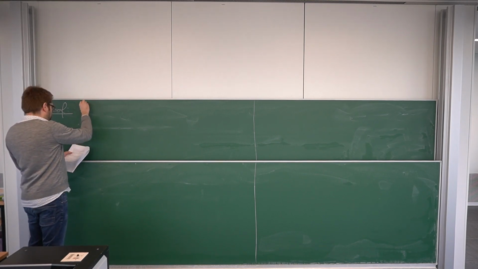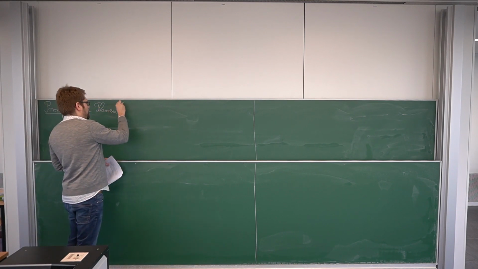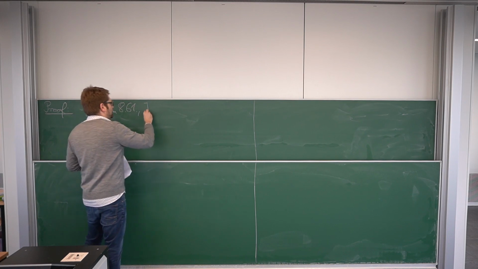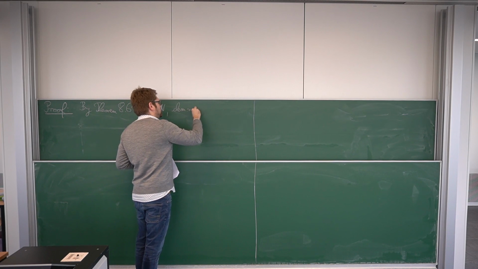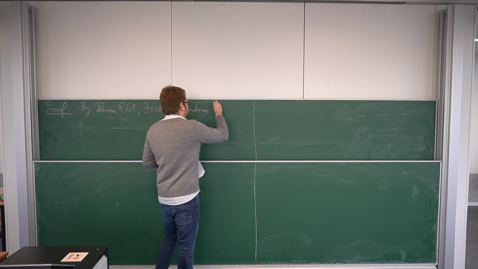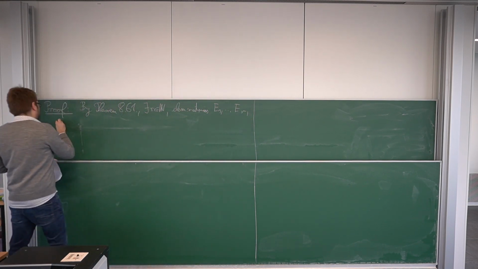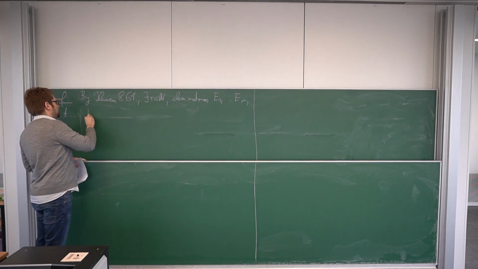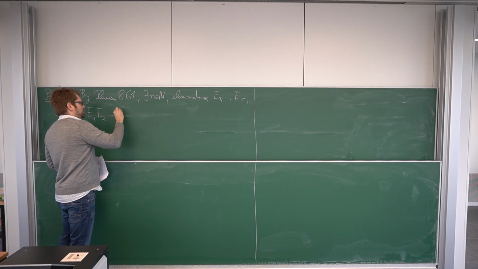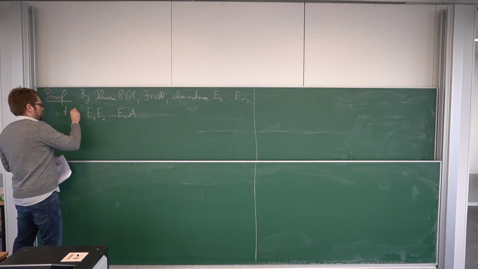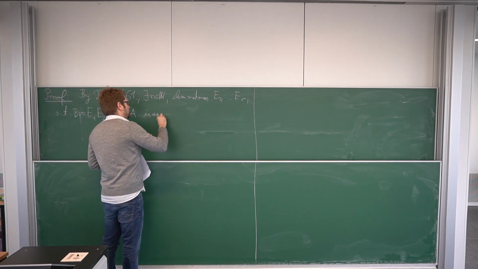So to formalize this by theorem 861, there is some finite number R in N, and elementary matrices E1 to ER, such that the product of A with E1 times E2 and so on to ER, if we call this result B, is upper triangular.